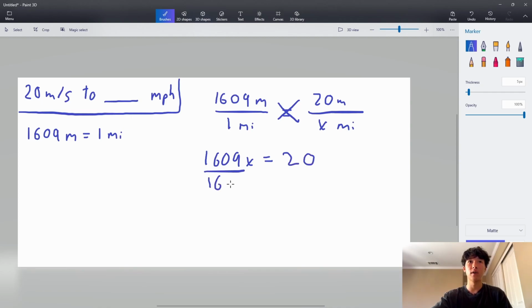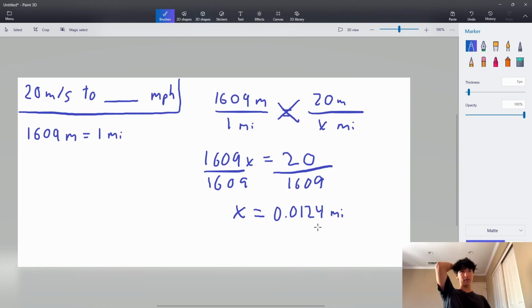Now divide by 1,609 on both sides, right? So obviously this is a very small number being divided by a big number, so we're going to get a very small decimal here. And that's going to be 0.0124 miles, okay? It's X miles, so X is equal to miles. So that's how many miles are in 20 meters.